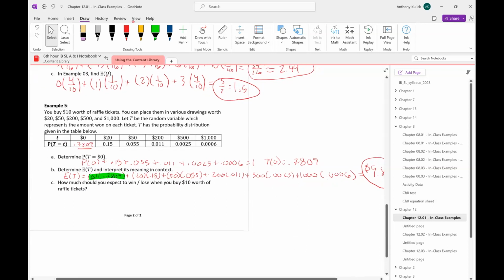So not a bad, reasonably fair drawing, right? Since basically you're betting $10 and your expected return is $9.80. If you're ever making your own lottery, what do you definitely not want to have happen? You definitely don't want the expected value to be greater than the ticket price.